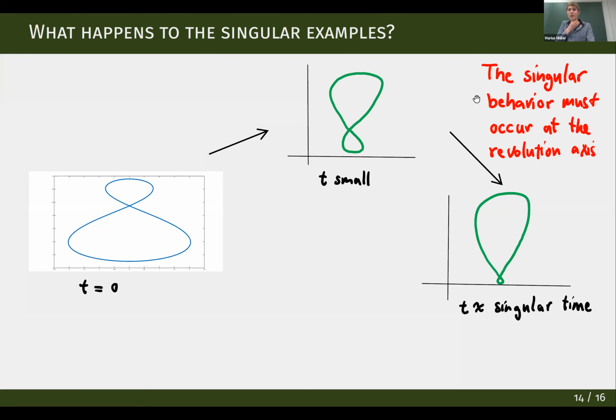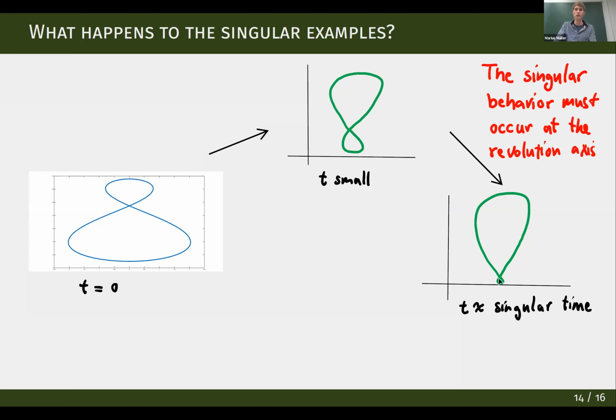But what one can show is that the singular behavior of the Willmore flow must always occur at the revolution axis. So if you have these evil points, those evil points must always be close to the revolution axis. So you will have this loop contracting, and it will happen at the x-axis.